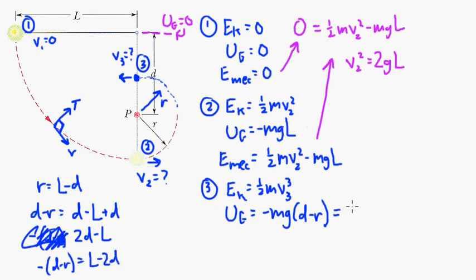So, long story short, this is going to equal mg times (L minus 2d). Wow, that was way more effort than it was worth, wasn't it?